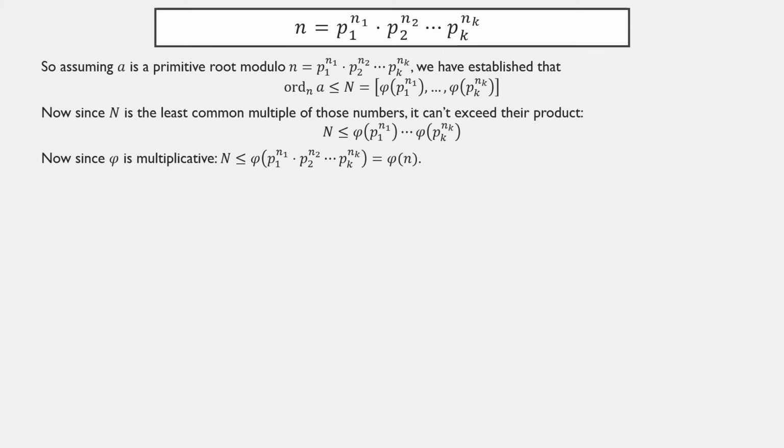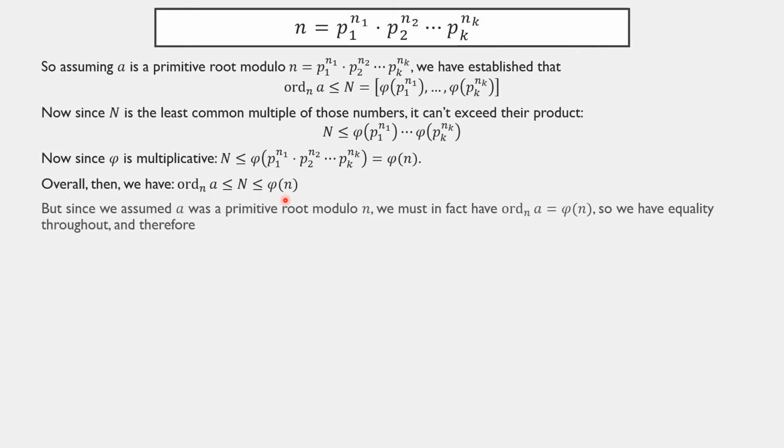So capital N, the order of a, cannot be any larger than phi of n. Overall, the order mod n of a is less than or equal to capital N, this least common multiple, and this least common multiple is less than or equal to phi of n.